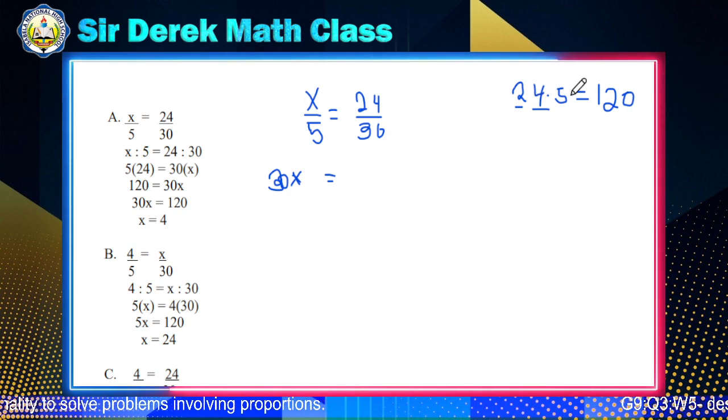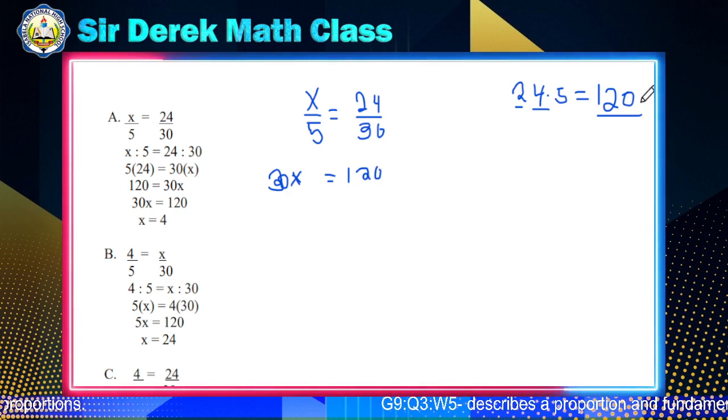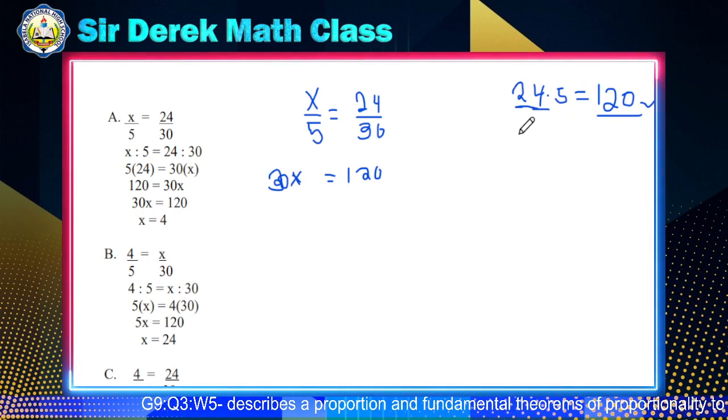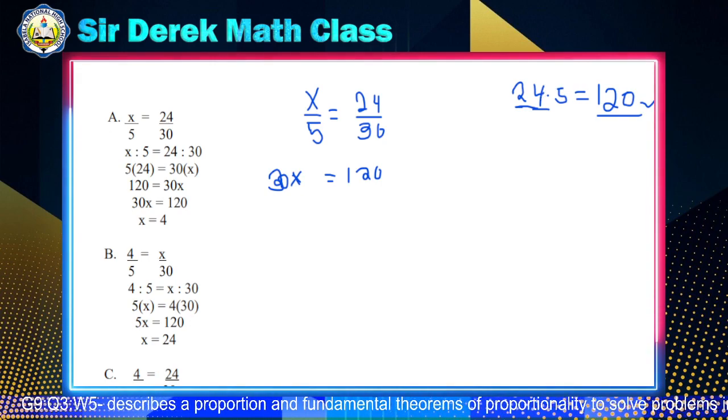So 24 times 5 is 120. So that's it. This is 120. Okay? Is it amazing? If you multiply a number by 5, you just get half of the number. Half of 2 is 1, half of 4 is 2, and the remainder is none, 0.